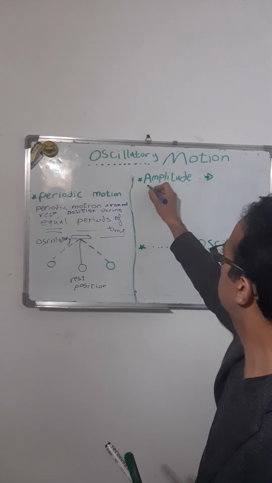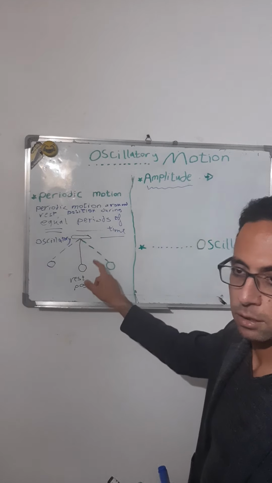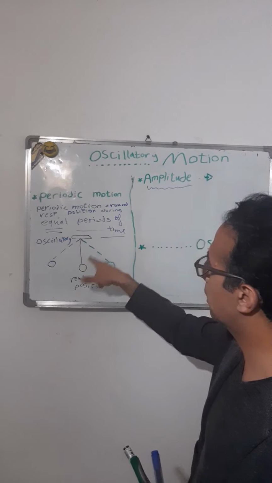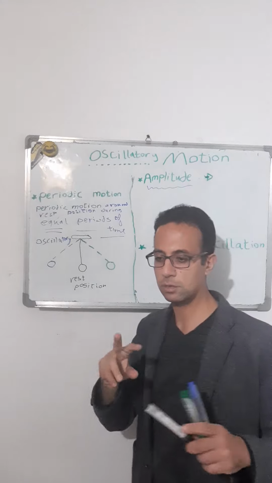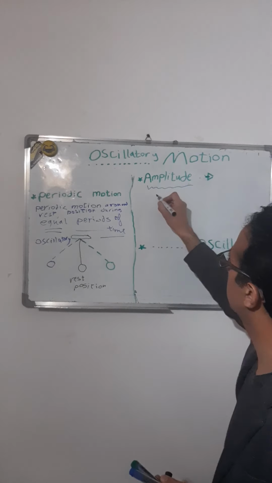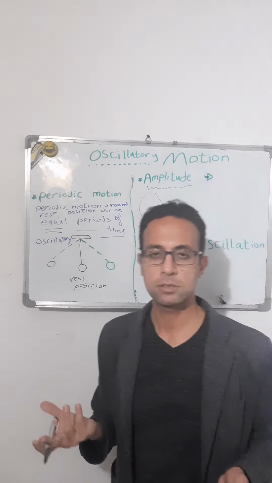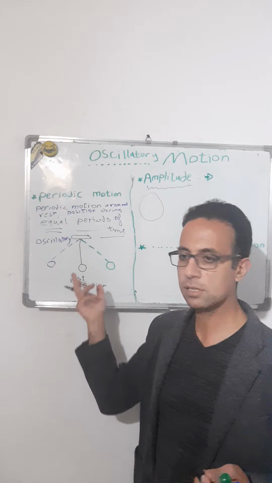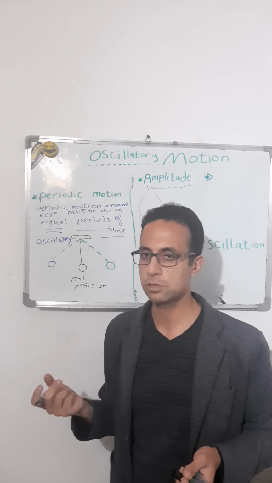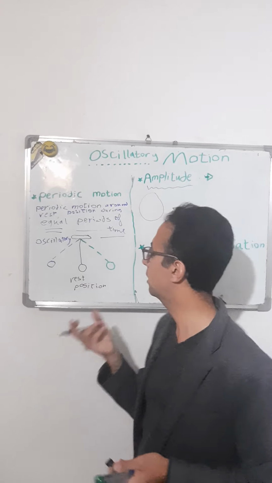Amplitude is related to our drawing here, but we will start another drawing and link the two drawings together. Let's draw a simple circle, and we will see how this relates to the simple pendulum motion. Actually, it's simple. Amplitude is a part of oscillatory motion, as we will see.